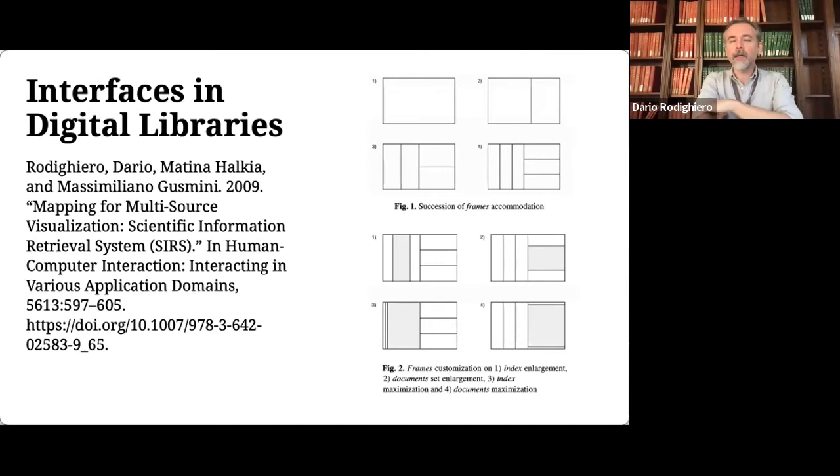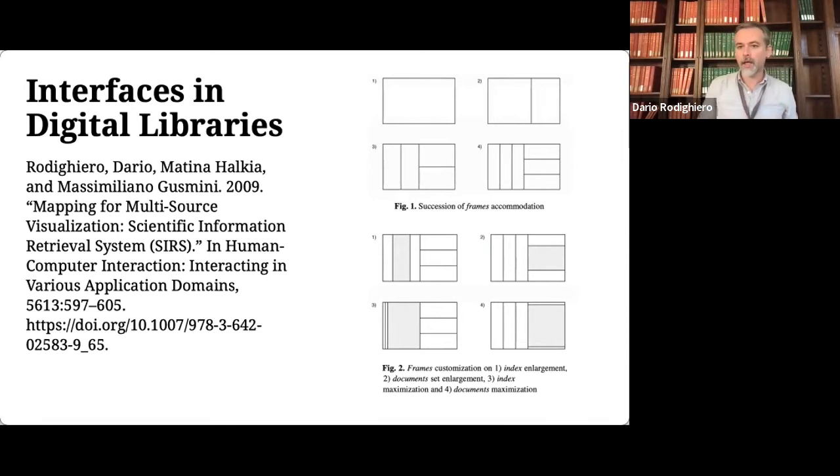And then at the end of the university, my first specialization was interface design. I was passionate about libraries since I was young. And I had this beautiful opportunity to work with Carlo Ferrigato and some friends at the European Commission at the Scientific Library.